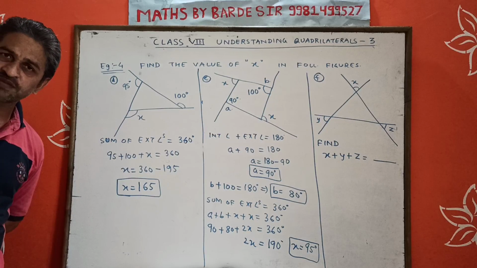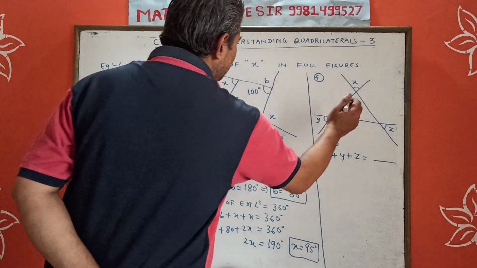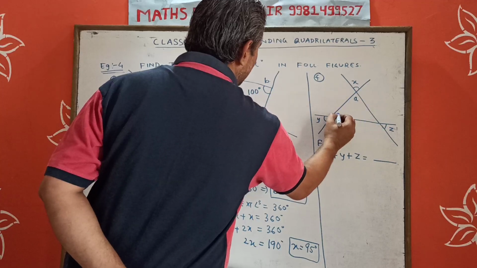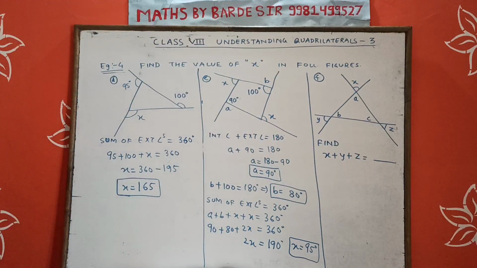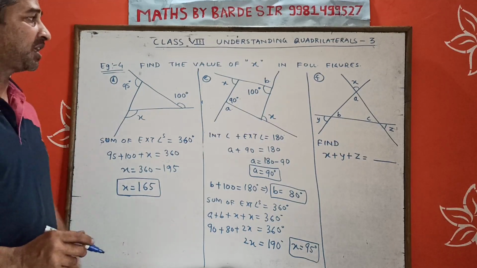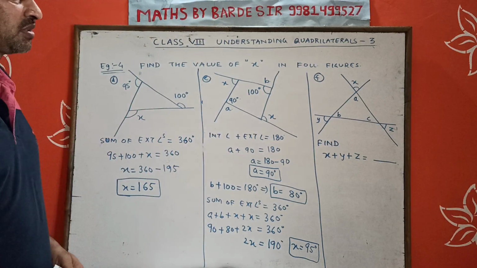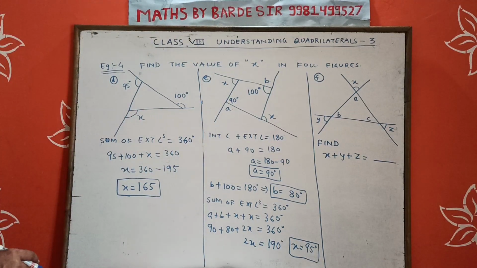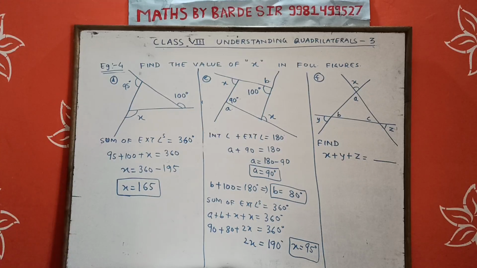Let's see the sixth part. Again, let's mark the interior angles as A, B and C, because these are neither the exterior angles nor the interior angles. So first we have to get either all exterior or all interior angles.